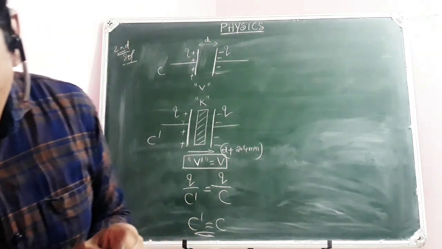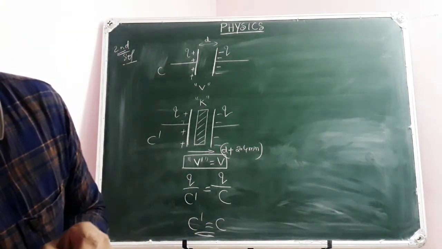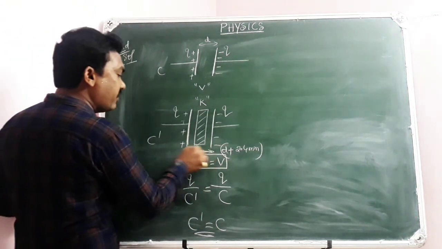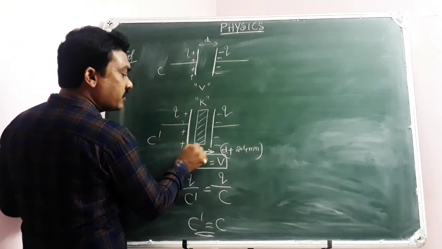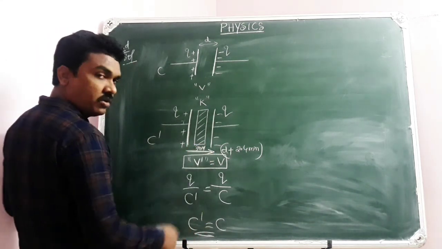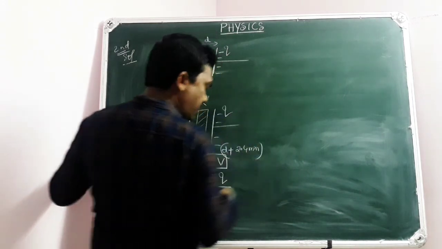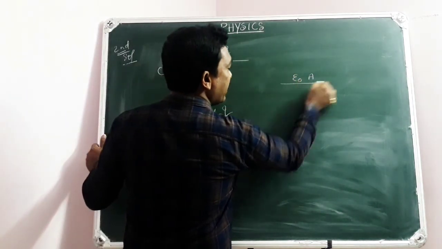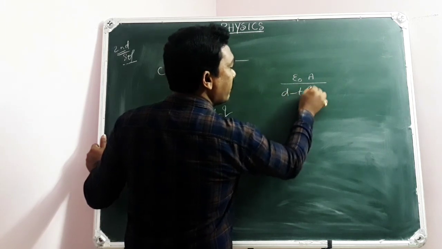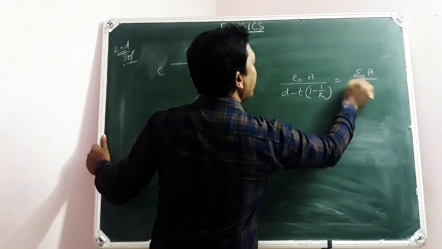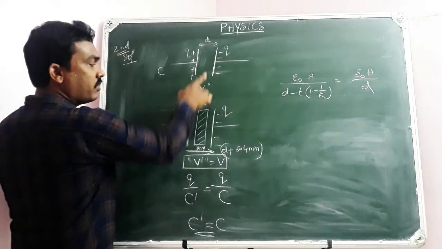But in the question, it is given clearly that the dielectric material is of thickness 3 millimeter. So now the equation C dash equal to C can be written as C dash equal to, with dielectric material, epsilon naught into A by D minus T of 1 minus 1 by K, equal to epsilon naught into A by D, without dielectric material.